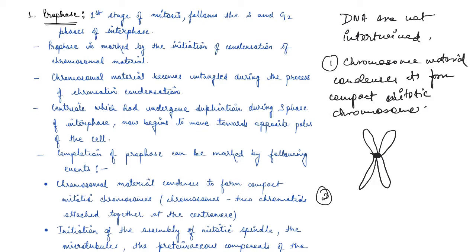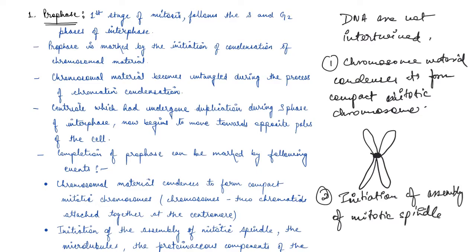Microtubules are a proteinaceous component of the cell cytoplasm, which helps in this process. So what happens is the initiation of assembly of the mitotic spindle. These two things happen in prophase.